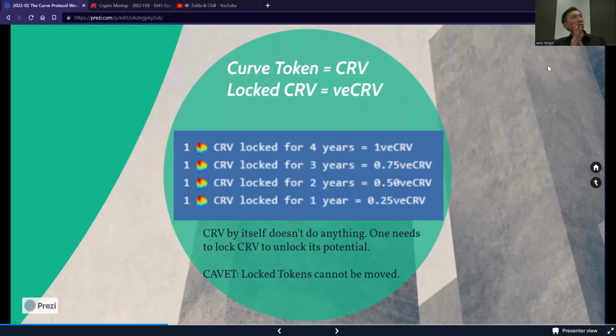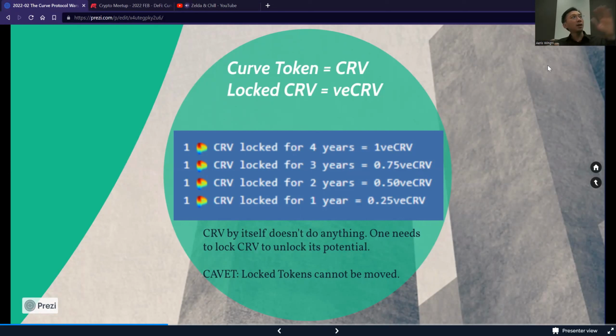So the native token for the Curve project is CRV. By itself, it's kind of useless. What you have to do to unlock its potential is lock the Curve token, and it becomes VECRV, which stands for Vote Escrow CRV, meaning that now you get to vote on specific things that the protocol does on the back end, like where certain liquidity goes.